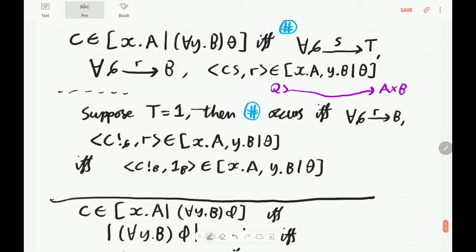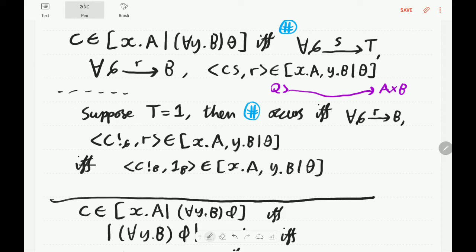So if we suppose that t is a terminal object again, this occurs if and only if for all arrows R from any zeta to b, we have that C exclamation mark zeta comma R is in this extension of theta over x's and y's.